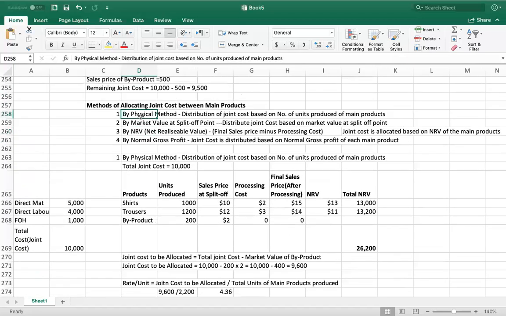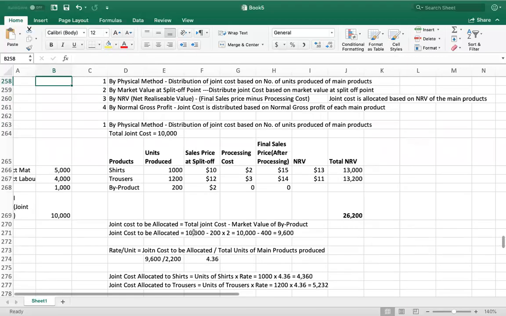Because if they do not specify, Fatma will do this method, Mehta will do by this method, Salama will do by this method, and everybody will get different answers. So for sure they will give you a method. They will ask you to do it by this method or that.